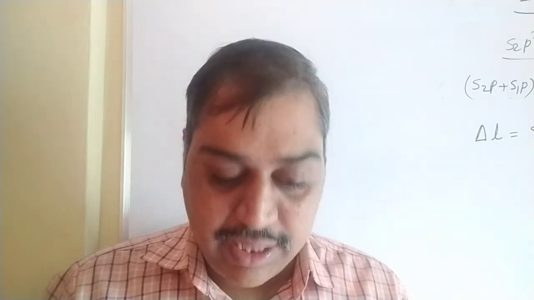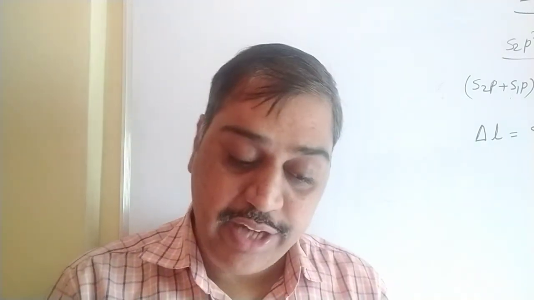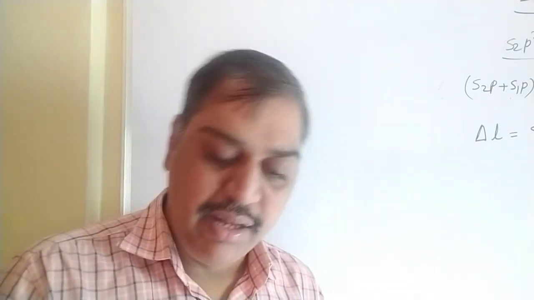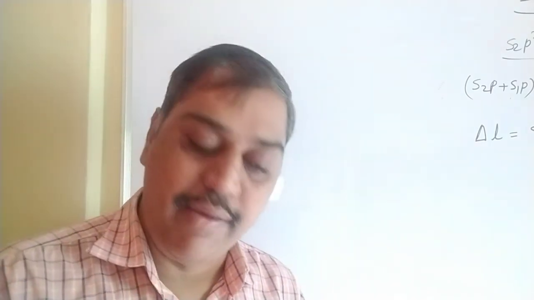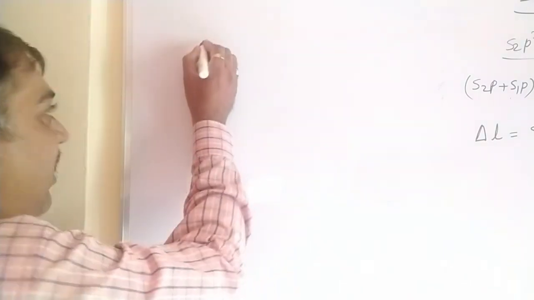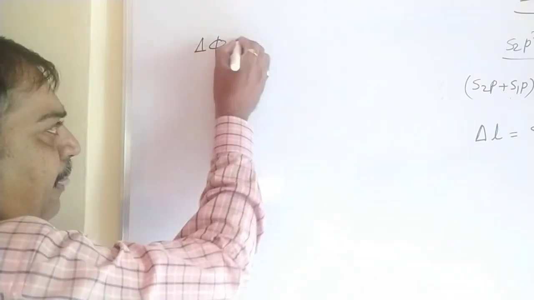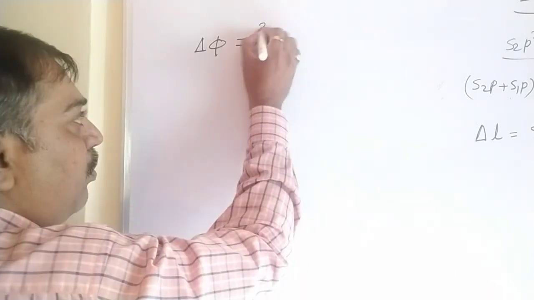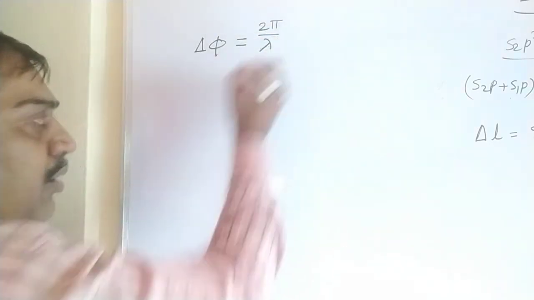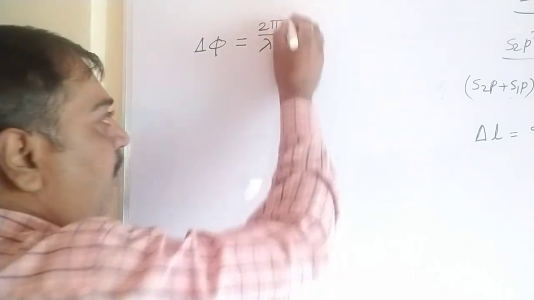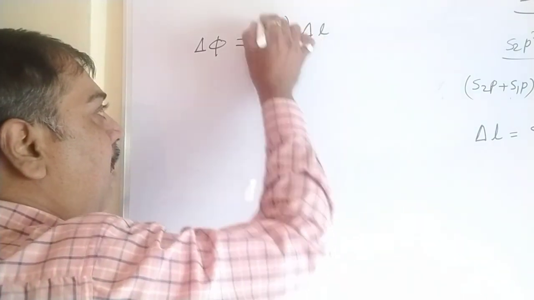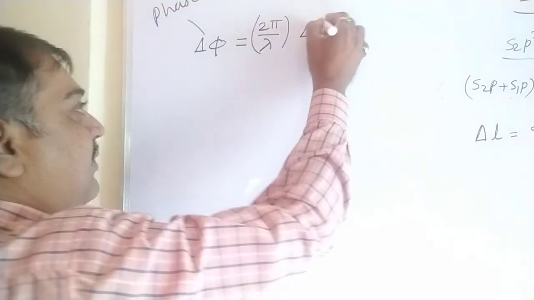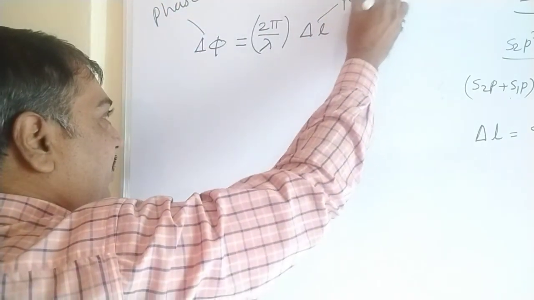Now the relation between path difference and phase difference. Suppose path difference is given by delta L, and phase difference is given by delta phi. How are they related? We can write one equation: delta phi equal to 2 pi by lambda into delta L. This is the phase difference, and this is the path difference.